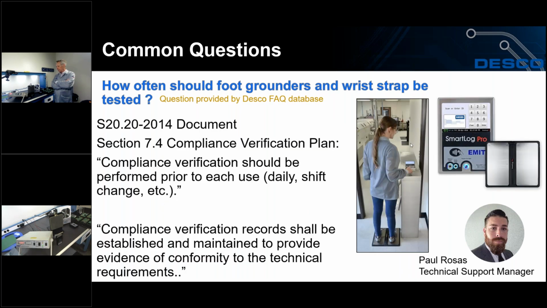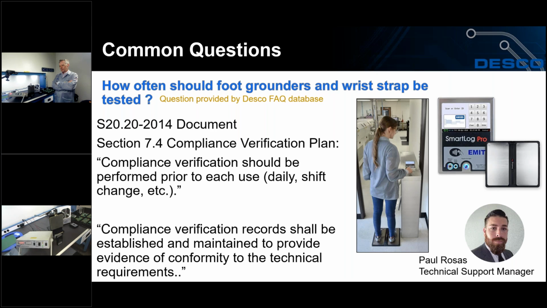Yep. Thanks, Jeffrey. If you flip to the section in the S20.20 under 7.4 compliance verification, you'll see that the recommendation is to perform testing daily. Now, you're not limited to doing this daily. In our experience, doing it anytime the operator leaves and re-enters the EPA is suggested.